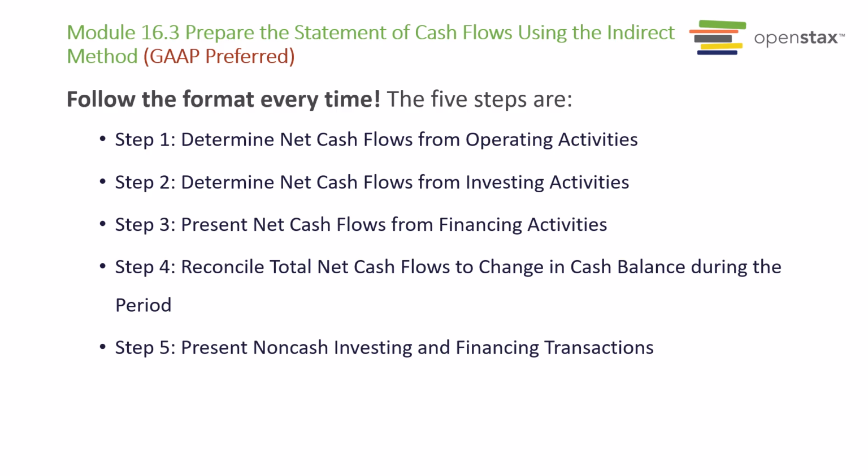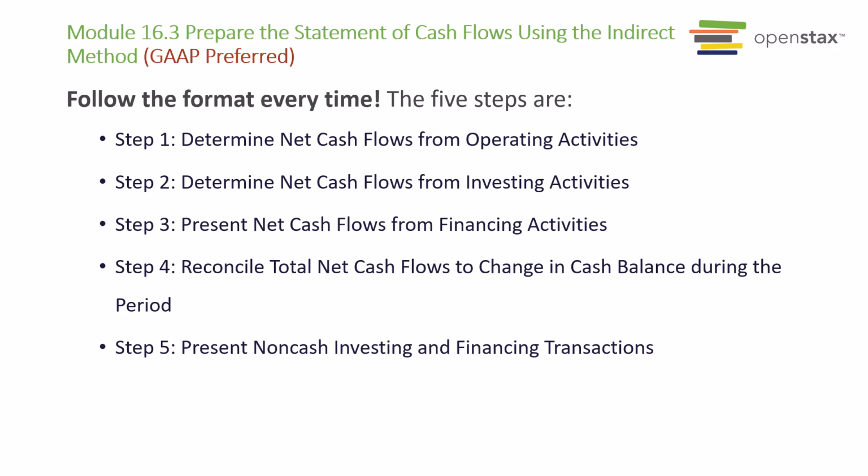The 5 steps that we're going to follow are to create first the operating activities section, then the investing activities section, then the financing activities section. So we will always work through in that order.